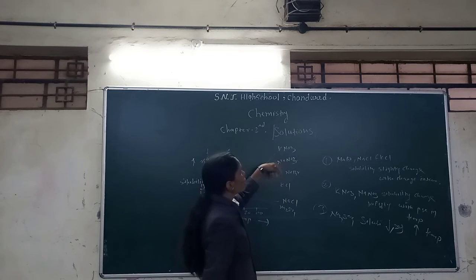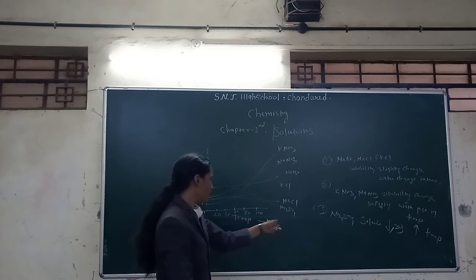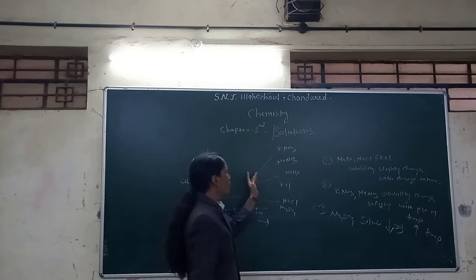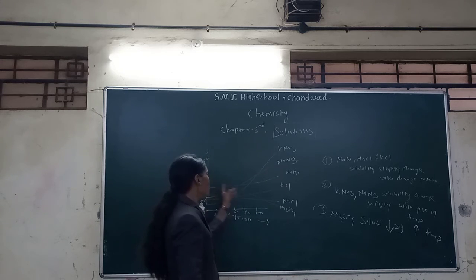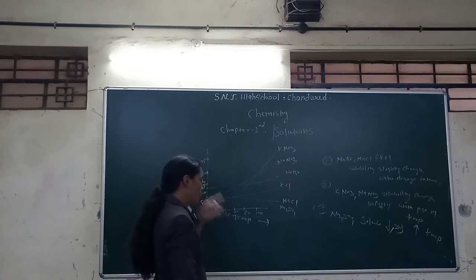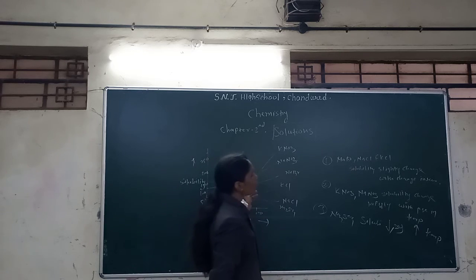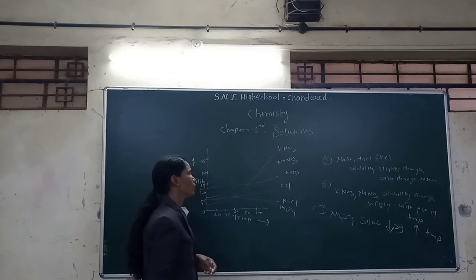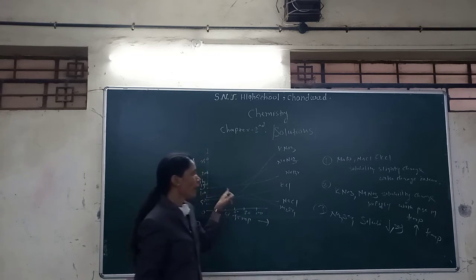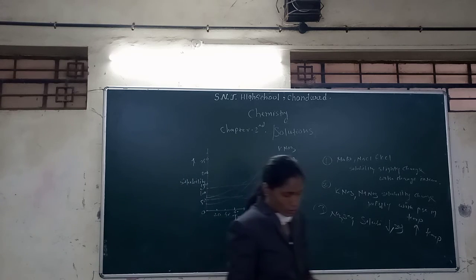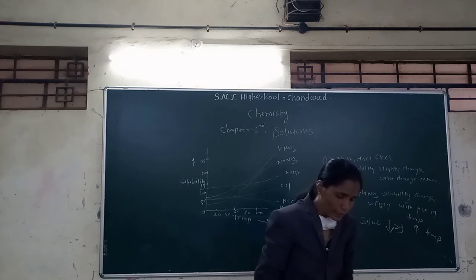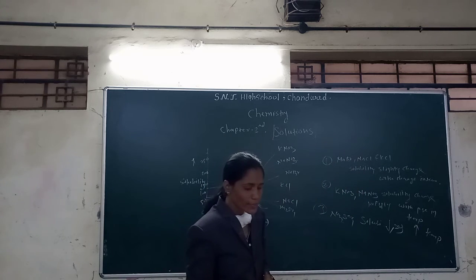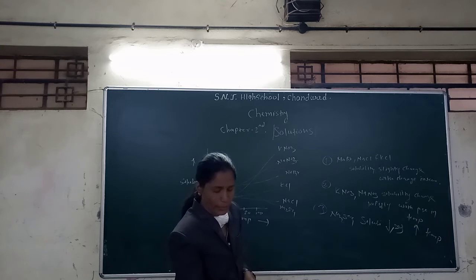Some solutions have solubility that increases with increasing temperature, some change slightly or stay constant, and some like Na2SO4 have solubility that decreases with increasing temperature. This is the second factor affecting solubility, that is temperature.